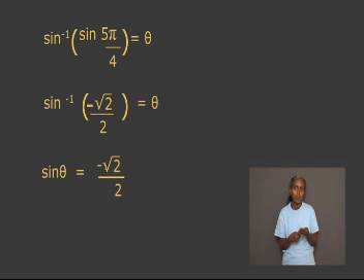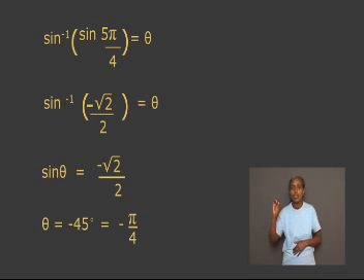Therefore, sine of theta equals negative square root of 2 over 2. Using special triangles, we can calculate that theta equals negative 45 degrees, or negative pi over 4.